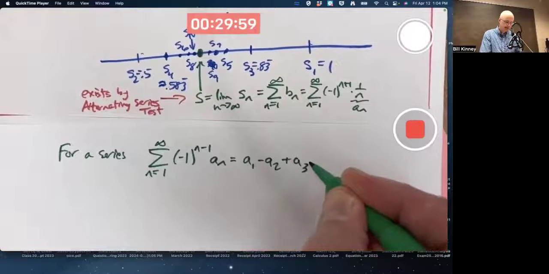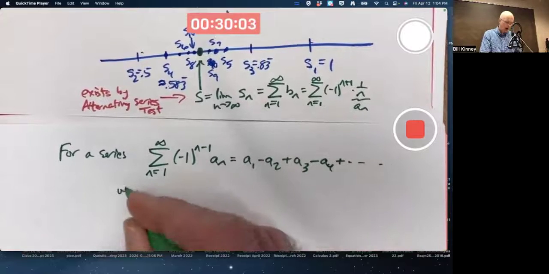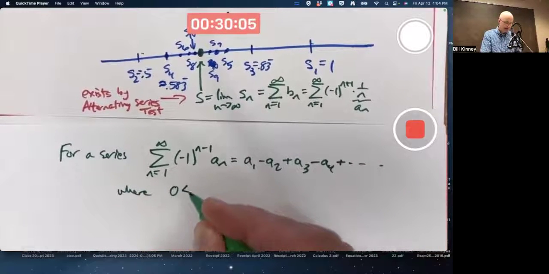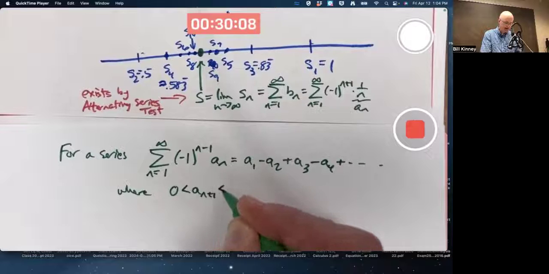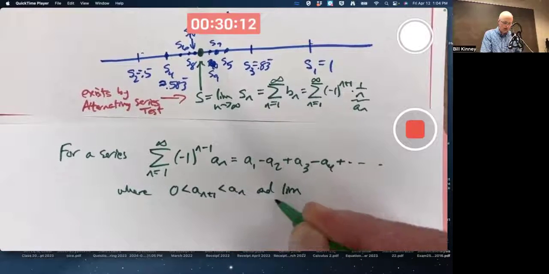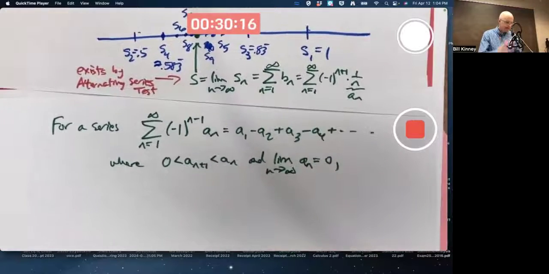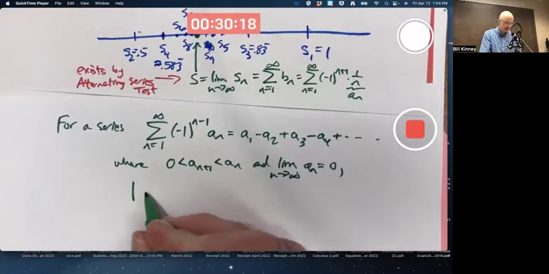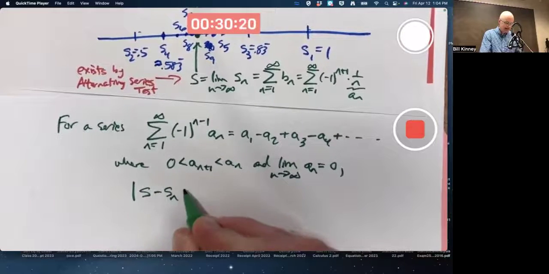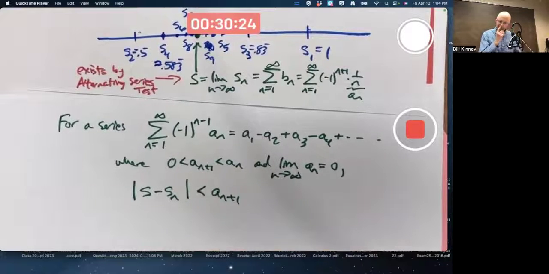For an alternating series like this, where the A's form a decreasing positive sequence that converges to 0, the absolute value of S minus S_n is less than A_(n+1).